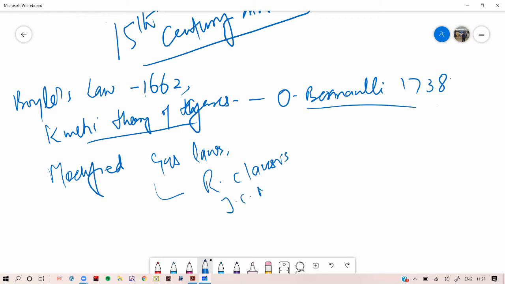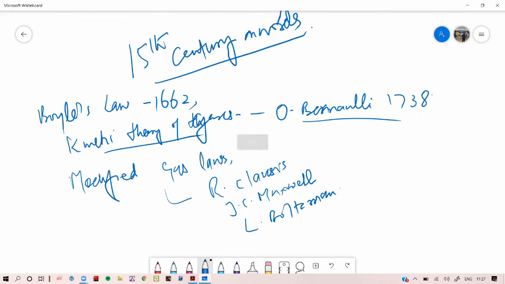J.C. Maxwell, L. Boltzmann, you all know them from the textbooks.